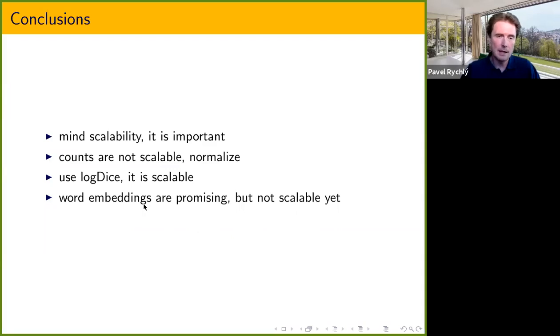The second is that counts are not scalable, and to use these counts, we have to normalize them to make them scalable. Third, log dice as an association score is scalable and works very well.